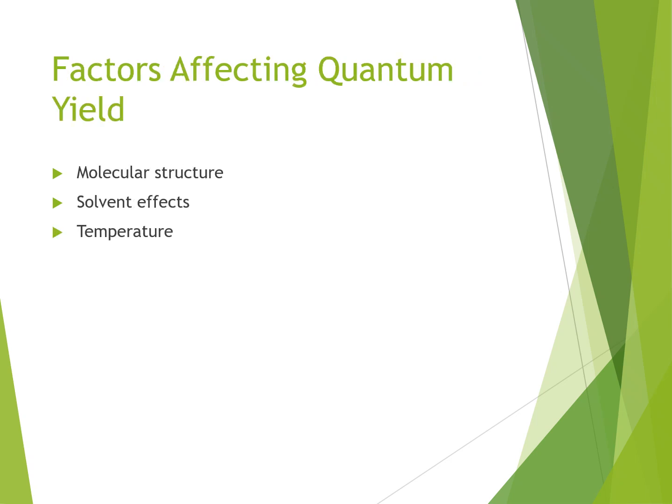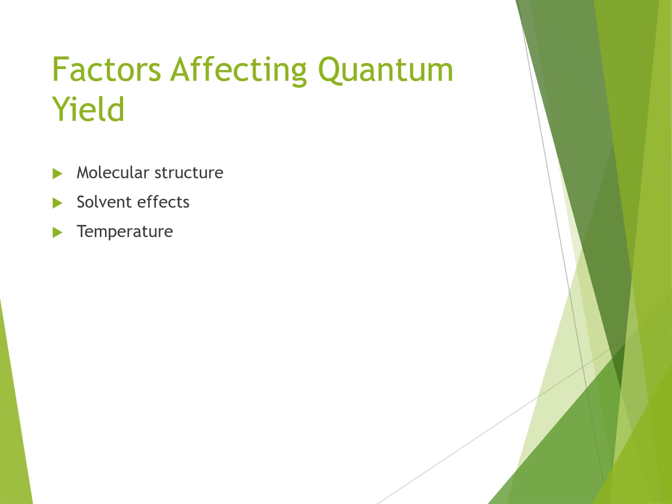Now we will discuss the factors affecting the quantum yield. There are different factors which affect the yield, and the quantum yield depends upon the molecular structure, solvent, temperature and presence of quenchers.